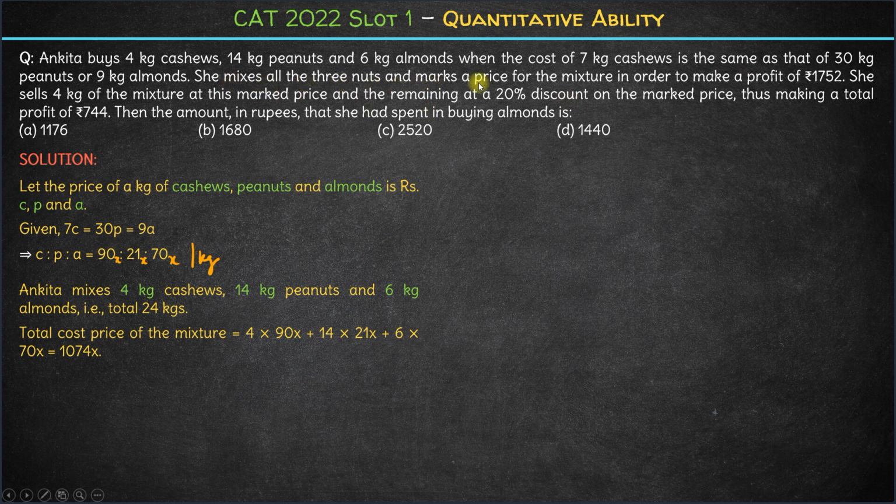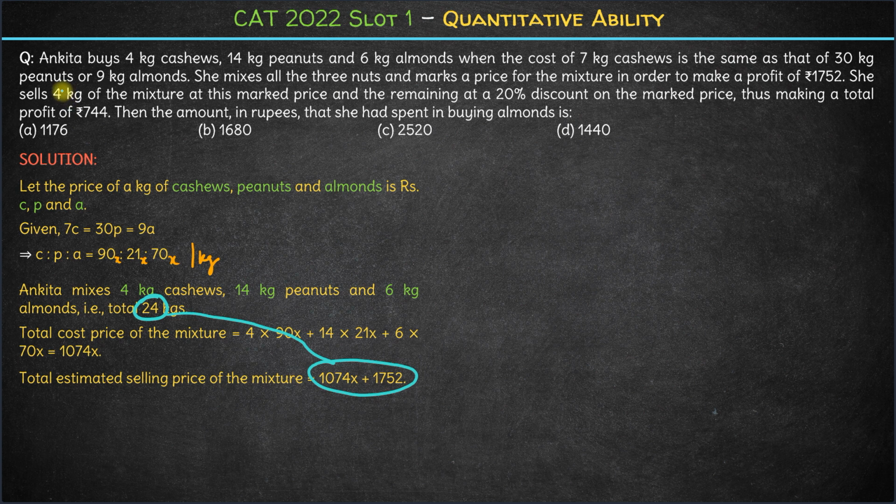So she mixes all the 3 nuts and marks the price of the mixture in order to make a profit of 1752. Okay, sorry. So this was just the cost price, and if she wants to make a profit of 1752, the total selling price of the mixture should be 1074x plus the profit 1752. This should be the total selling price of 24 kgs, right?